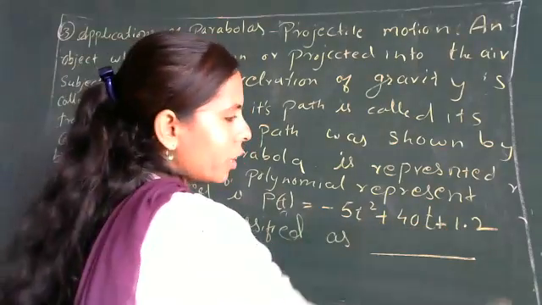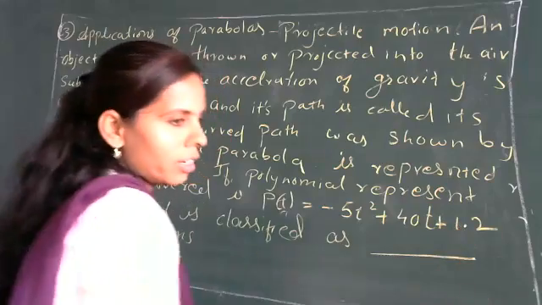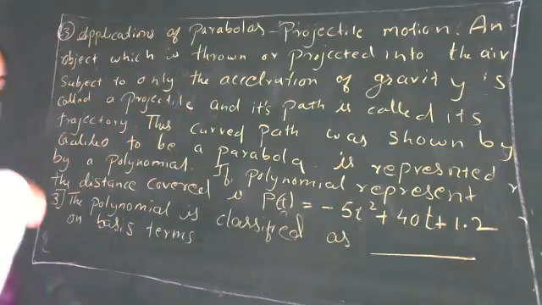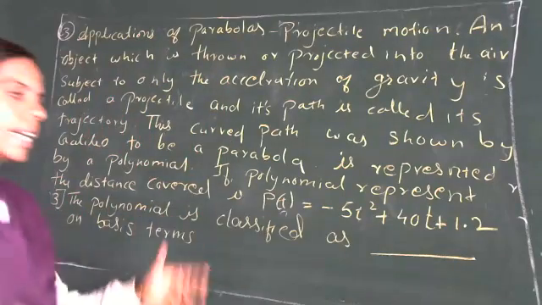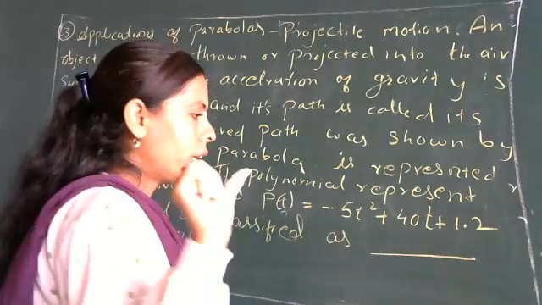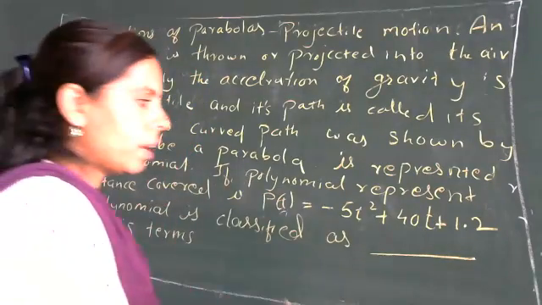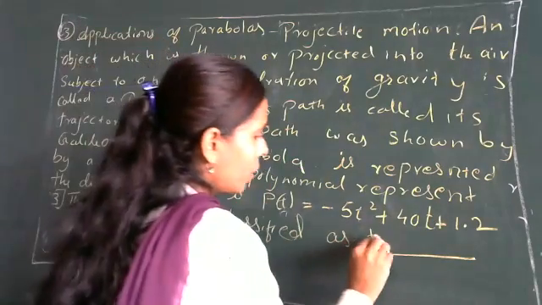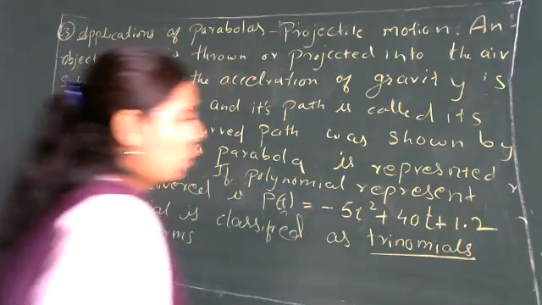Here totally, this is first, second and third, so 3 terms. If we are having one term, it is a monomial. If two terms, binomial. If three terms, it is trinomial. So we are having three terms, so it is a trinomial.